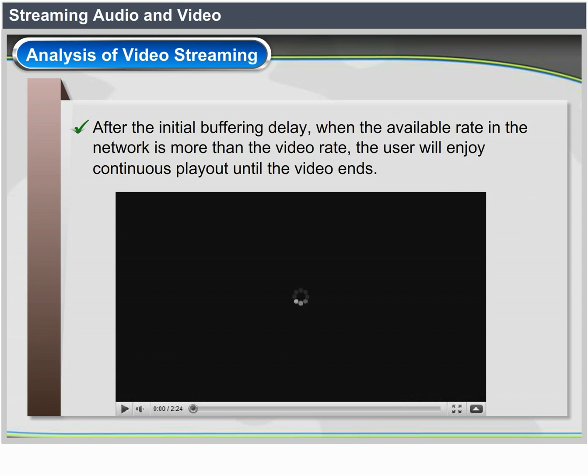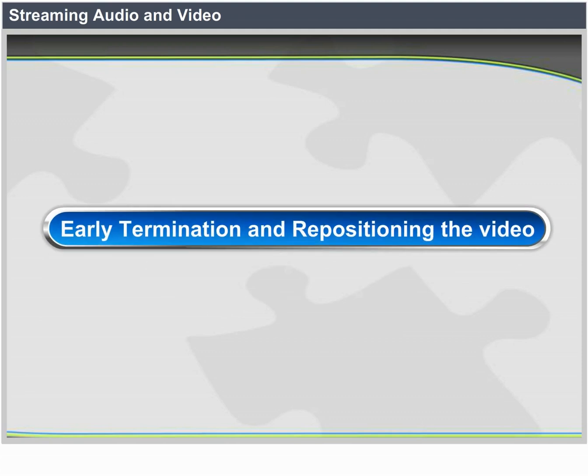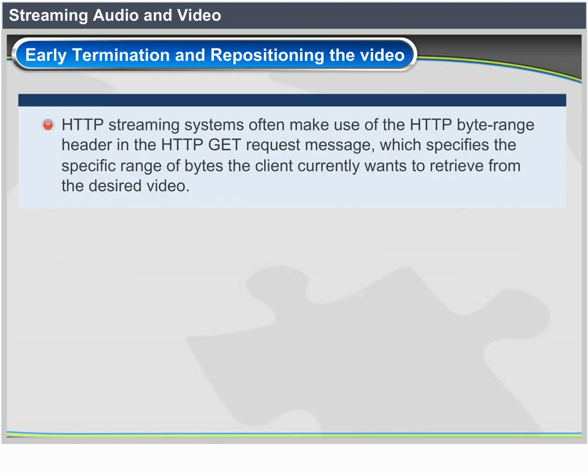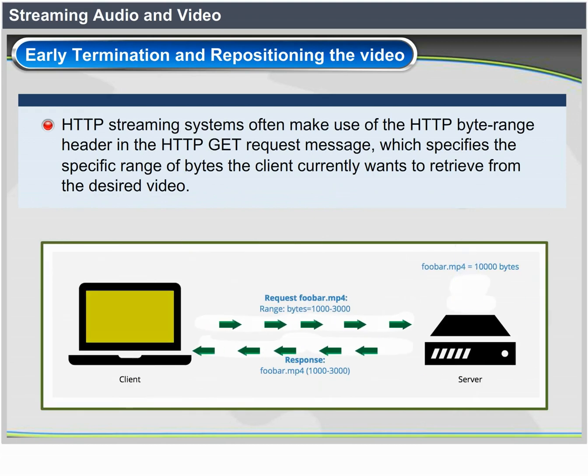Early termination and repositioning the video. HTTP streaming systems often make use of the HTTP byte range header in the HTTP GET request message, which specifies the specific range of bytes the client currently wants to retrieve from the desired video.